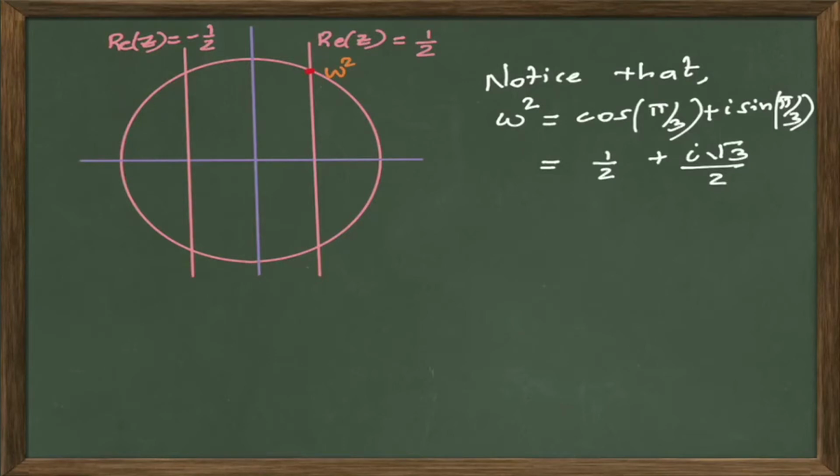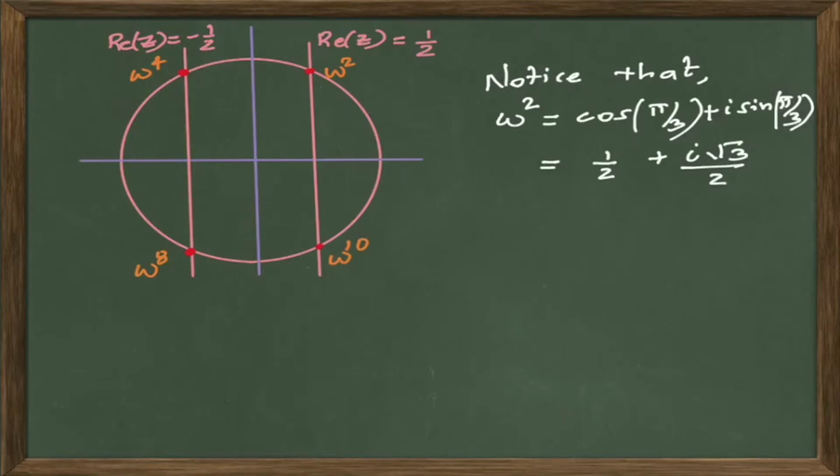Similarly, one can verify that omega to the power 4 lies on the line real part of z equal to minus half, and so does the complex number omega to the power 8. And the complex number omega to the power 10 lies on the line real part of z is equal to half.